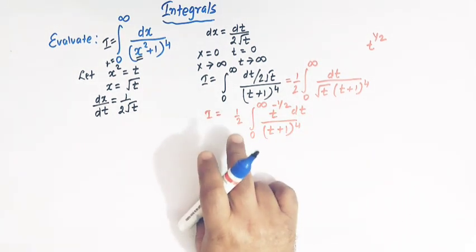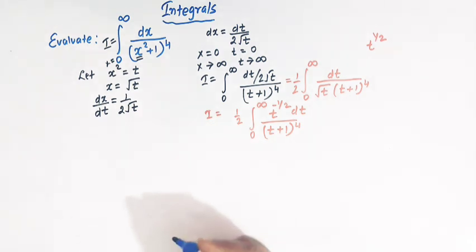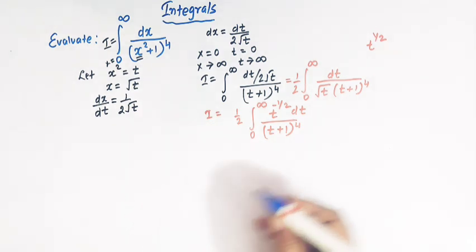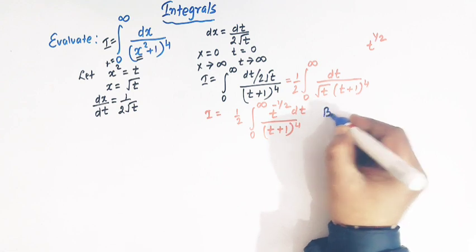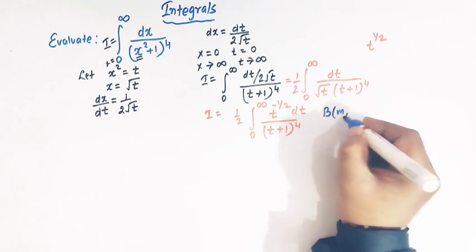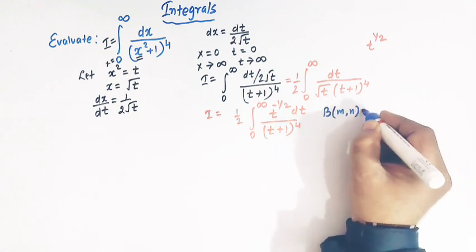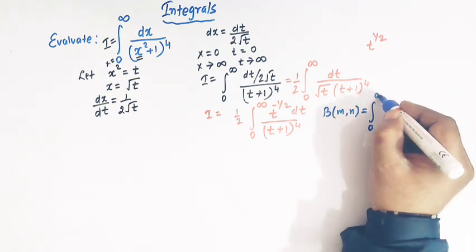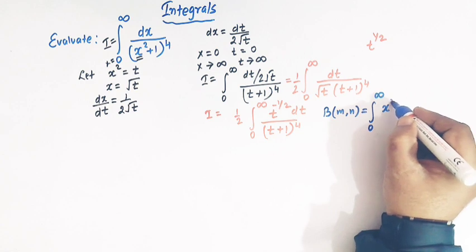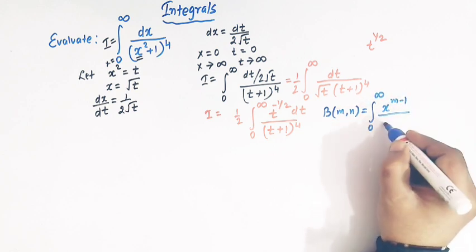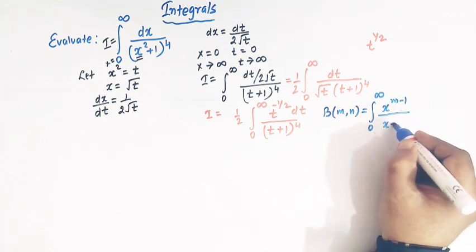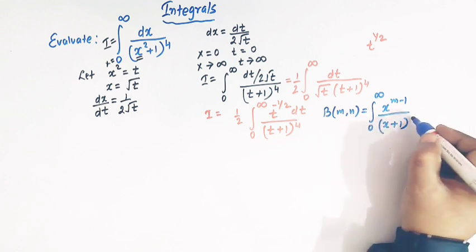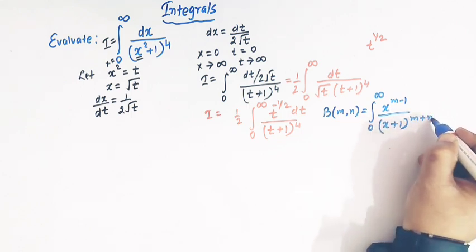Now here we'll make use of the concept of beta function. Now see, the beta function is defined as beta(m, n) equal to the integral 0 to infinity of x raised to m minus 1 divided by (x plus 1) raised to m plus n.